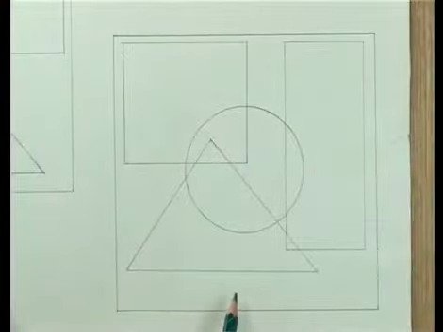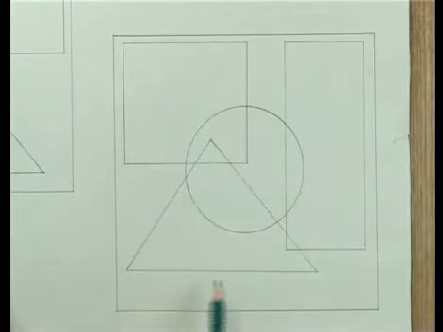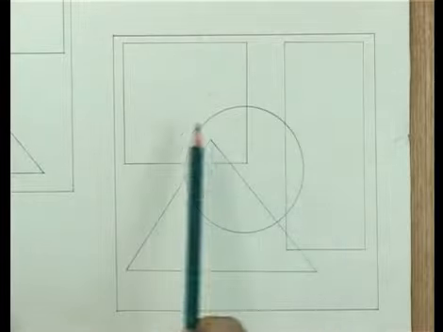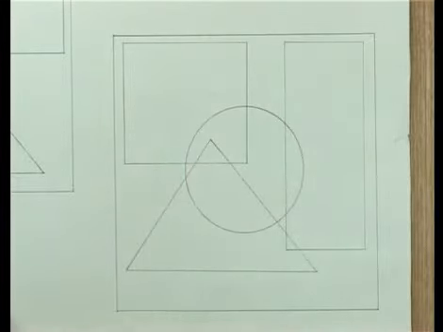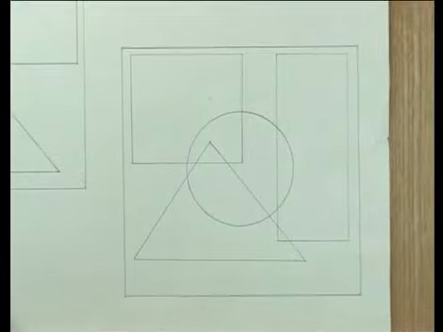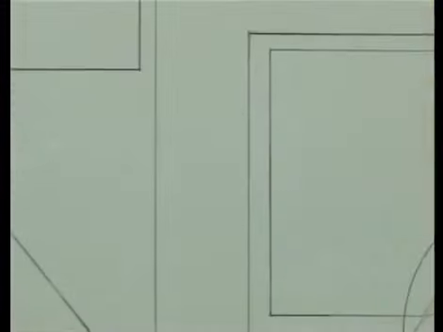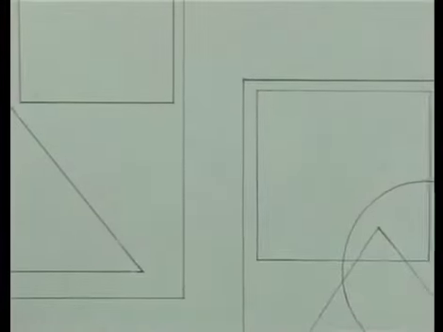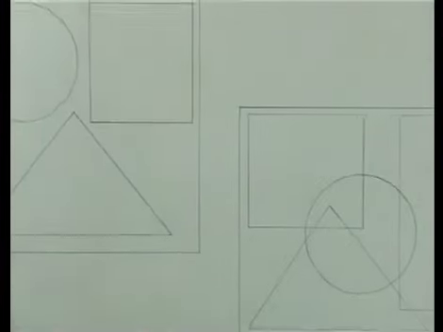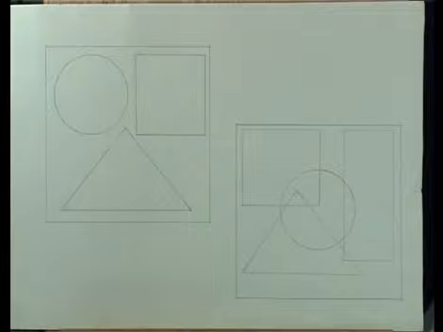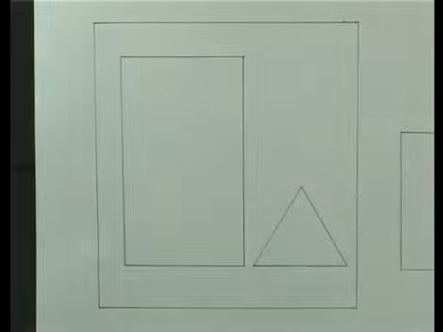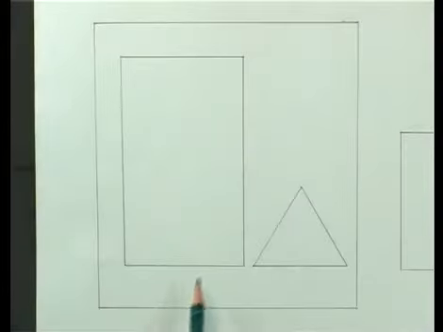The next picture lacks simplicity as the forms are complicatedly overlapped. The other one is not balanced as there is one big object on one side and a smaller object on the other side of it.